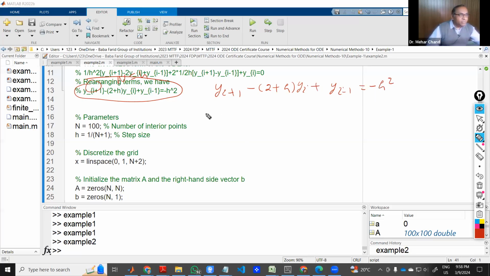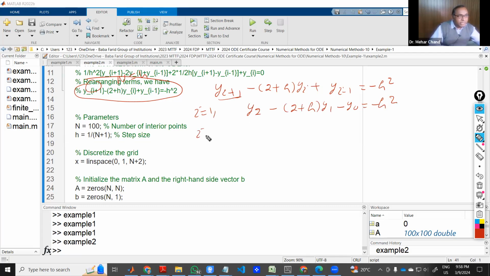Okay, so we start from i equal to 1. So this will be y2 minus 2 plus h y1, and y0 is equal to minus h square.